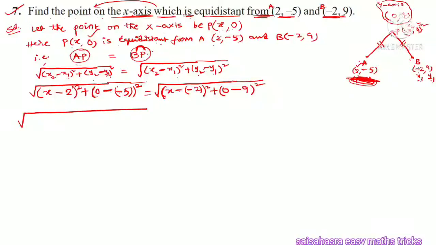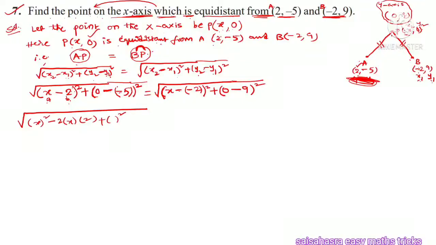Next, you can apply here the (a minus b) whole square formula. A minus b whole square means a square, a is x, so x square minus 2 into a into b, a is x, b is 2, plus b value square.